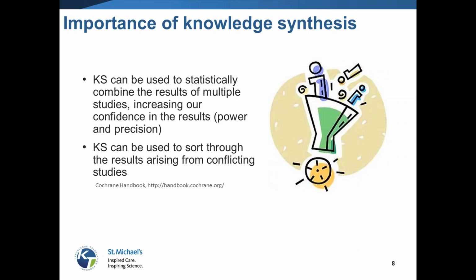We can also use knowledge synthesis to sort through the results from many conflicting studies. Let's say studies that are done on the same topic, but they come up with different results. Why is that? Is it the difference in the methods that they use? Is it different because they used a specific population? Is it different because they perhaps found different studies between the different reviews? So it will help us make sense of that as well.